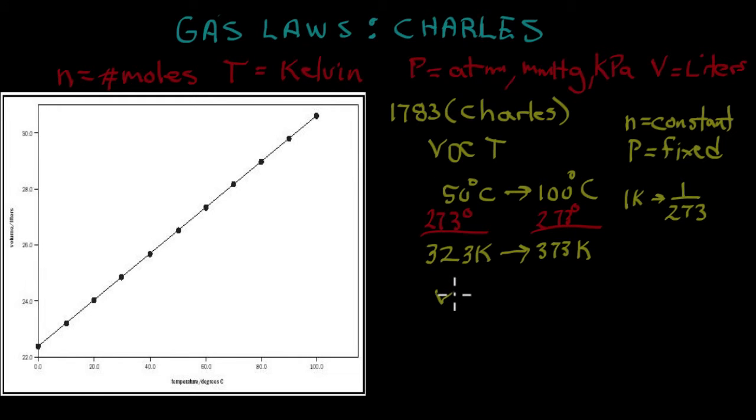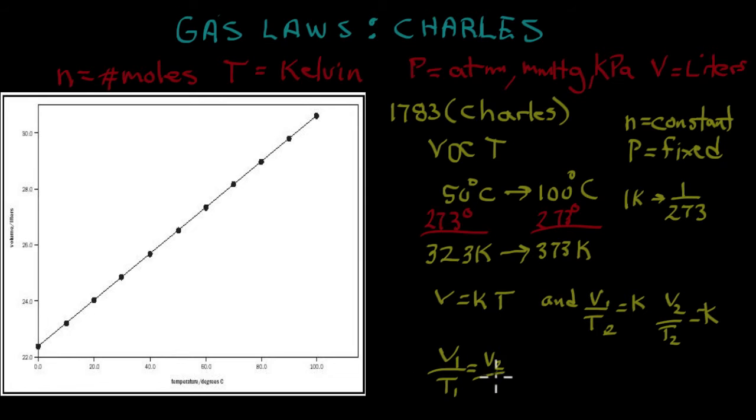So you can say volume equals the constant, the slope, times temperature. Any volume over temperature relationship is a constant. V over T is a constant. So you could take a second point, V2 over T2, that's that same constant, so V1 over T1 equals V2 over T2.